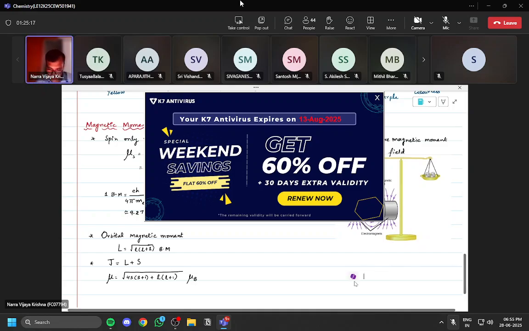Next, if MA less than MB, then paramagnetic. If MA equal to MB, non-magnetic or anti-ferro.